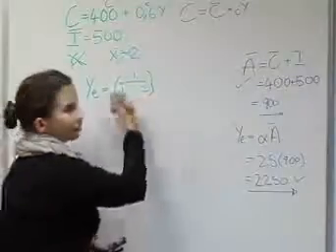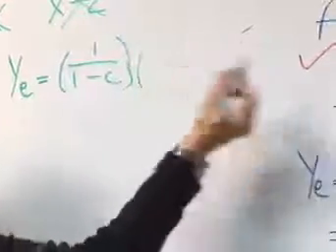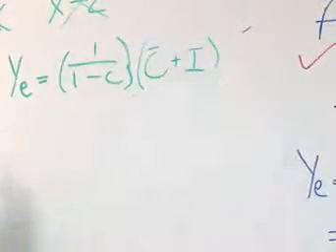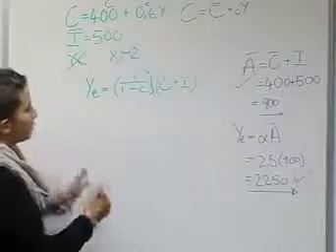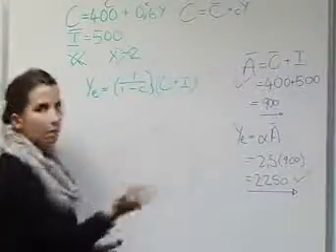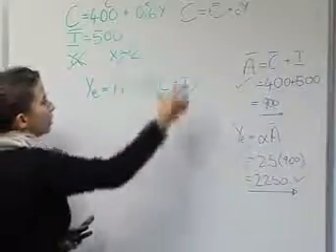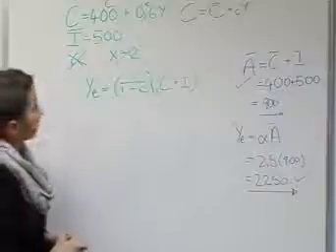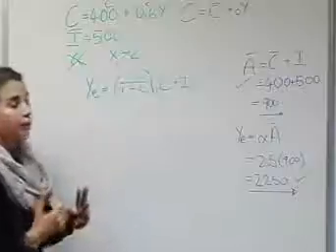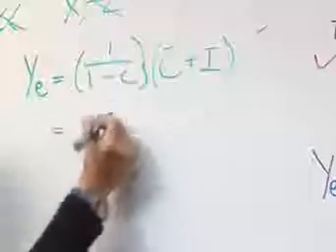So technically we're only writing the multiplier out. Times autonomous spending, in this case, is C plus I. So you'll see that's exactly the same as we did it previously, but previously we first calculated the multiplier, then autonomous spending, and then multiplied with each other. In this case, we substitute those formulas into the first formula and just skip 2 steps. But I would recommend the previous method if you're unsure of how to do it, because this one might get messy.